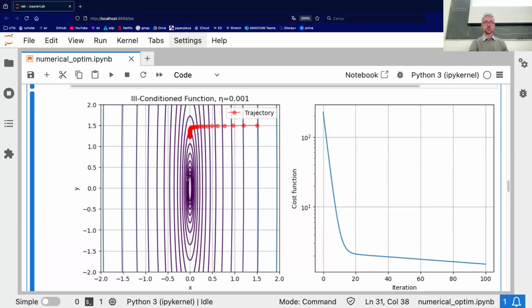But then to get to the minimum of this valley, it's actually taking ages. You can see that the slope of this curve at this point, which corresponds roughly to the point where the iteration got into this area, is now really smaller than it was before.